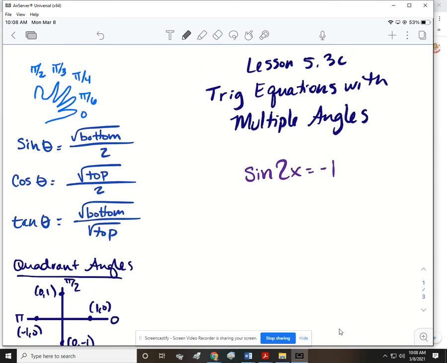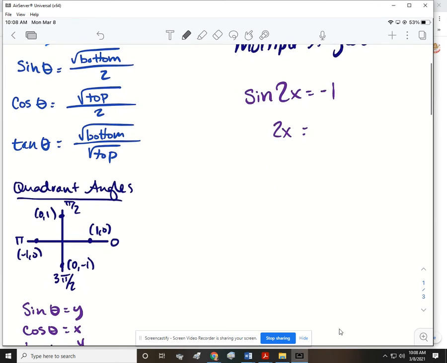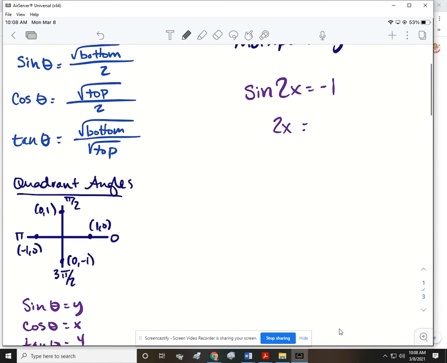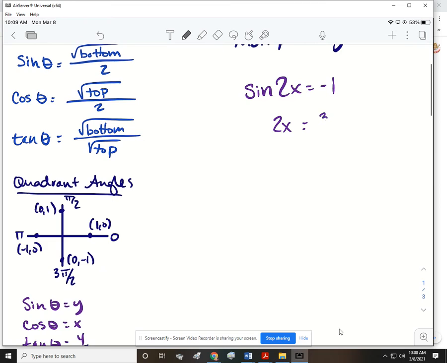But because there is a 2 there, now we're going to say 2x equals, and then we're going to figure it out. So for sine and cosine of negative 1, we go to the quadrant angles. The sine corresponds with the y, so we want a y coordinate of negative 1. So that's going to be the angle 3 pi over 2.